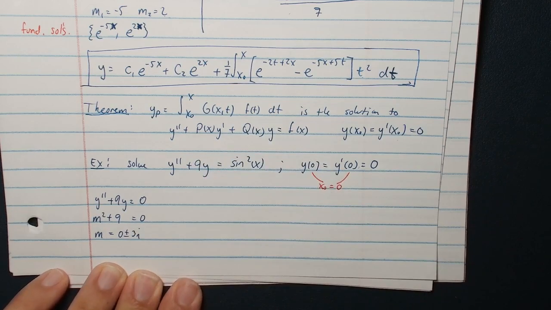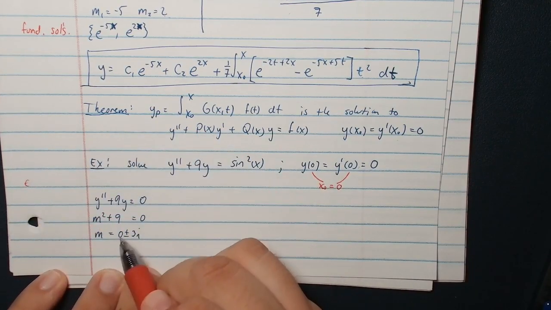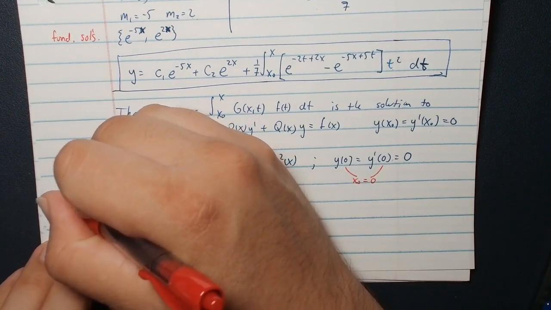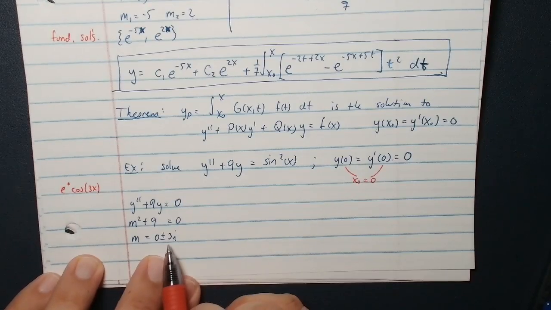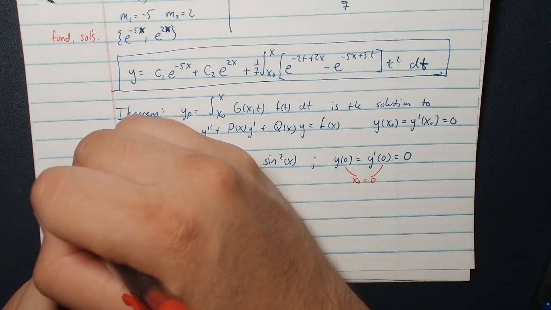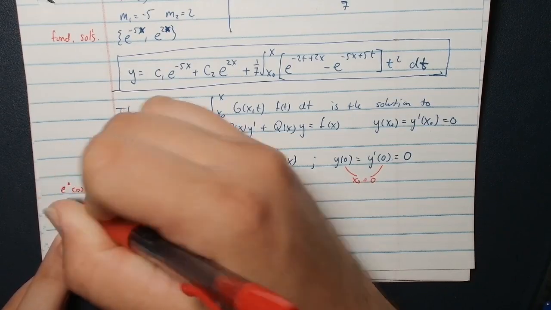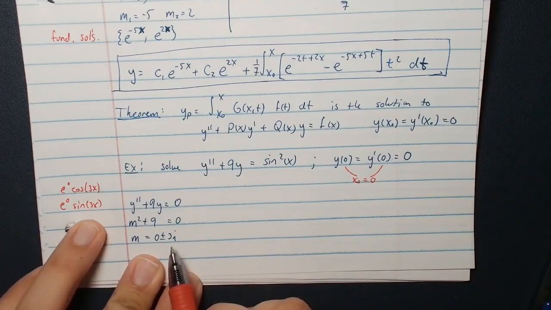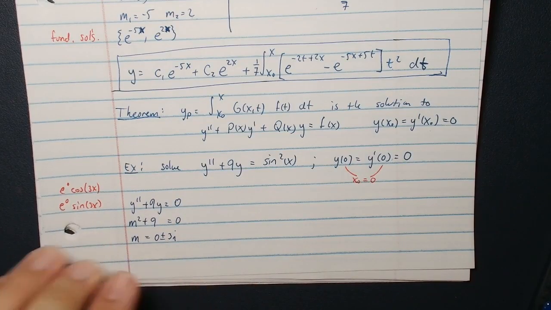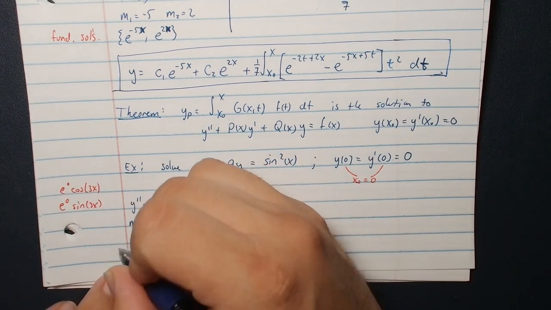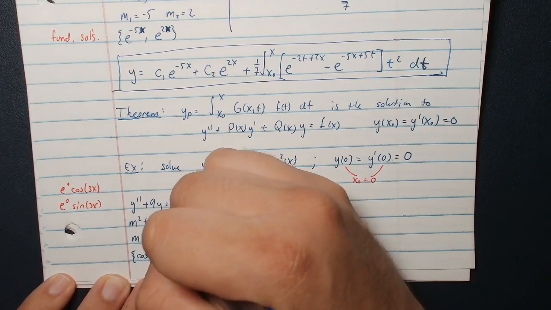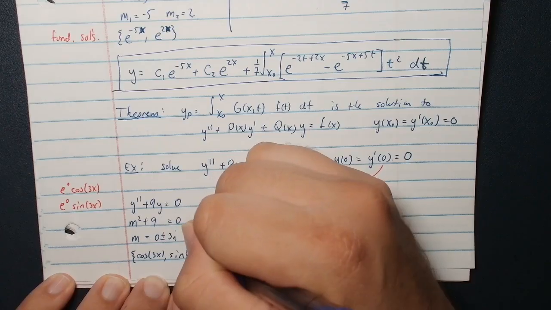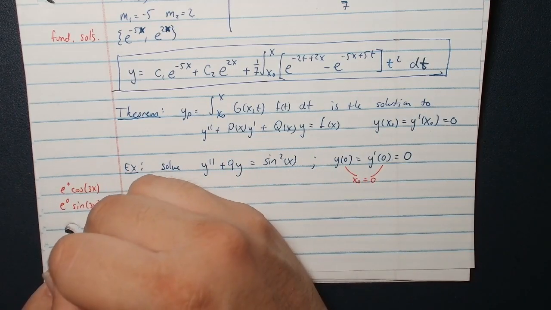So our fundamental solution set would be e to the 0 times cosine of 3x and e to the 0 sine of 3x, where 0 is the real part and 3 is the imaginary part. But since e to the 0 is equal to 1, we get a fundamental solution set of cosine 3x, sine 3x. And that is our fundamental solution set.